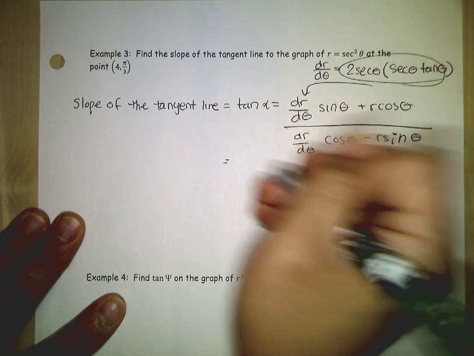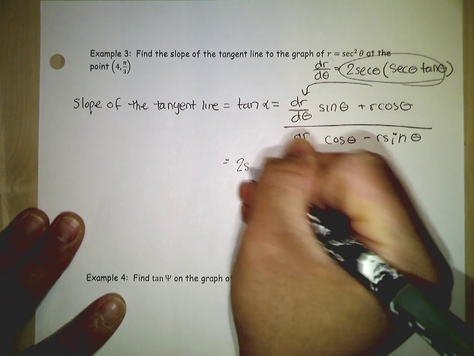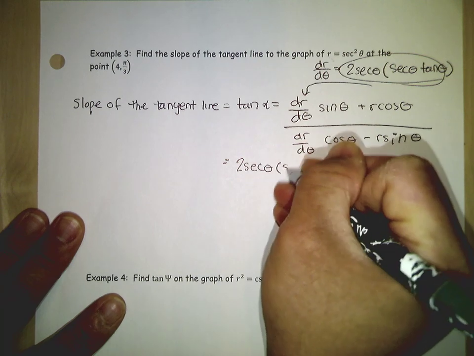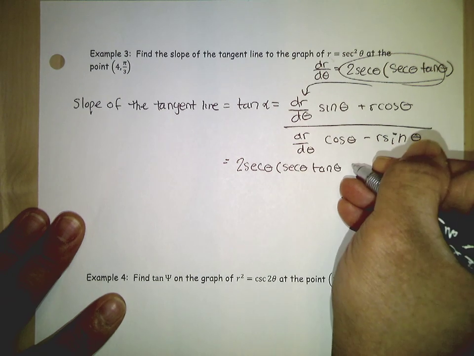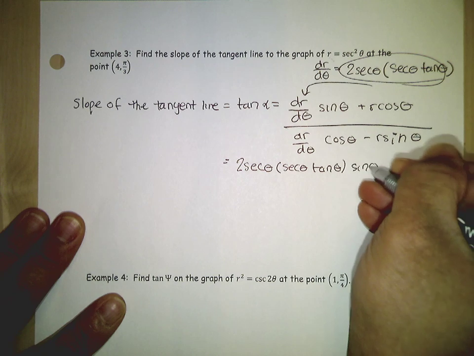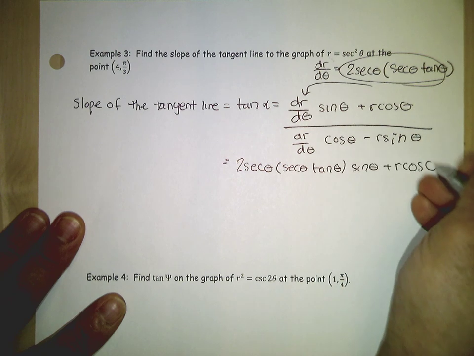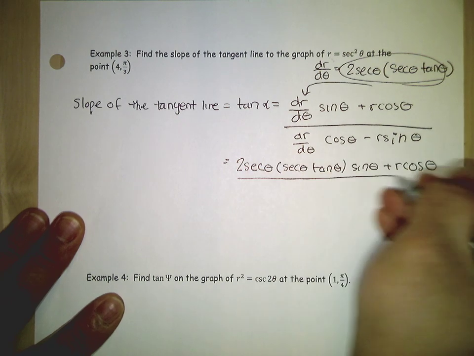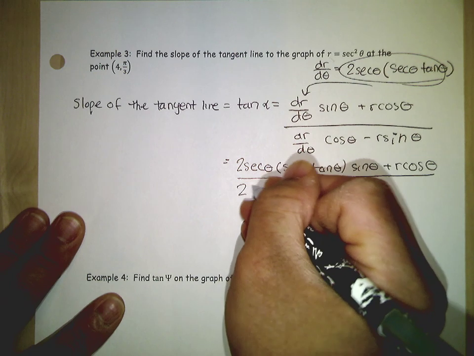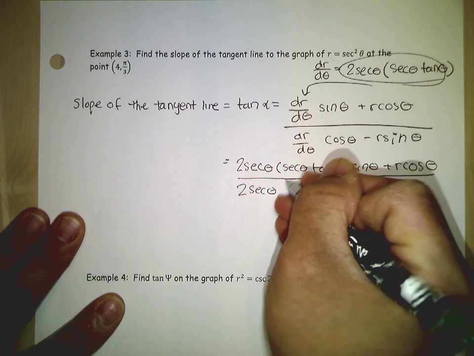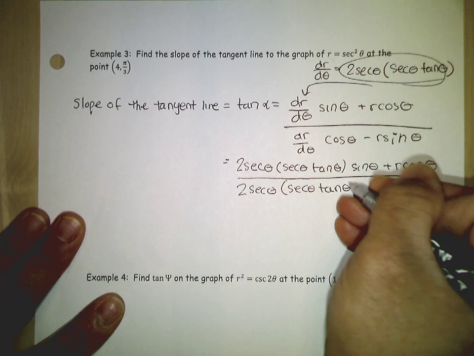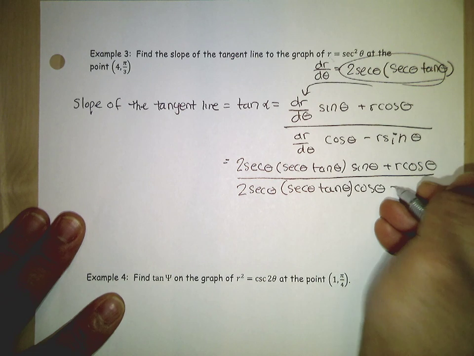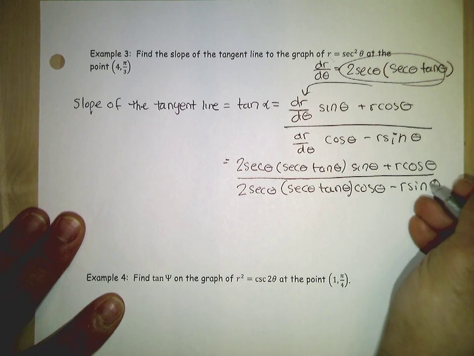So what do we have? We have 2 secant theta, tangent theta, sine theta, plus r cosine of theta, all over 2 secant theta, tangent theta, cosine theta, minus r sine of theta.